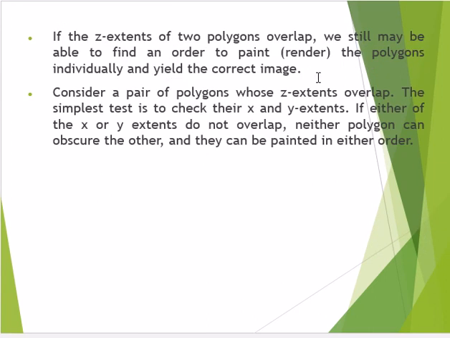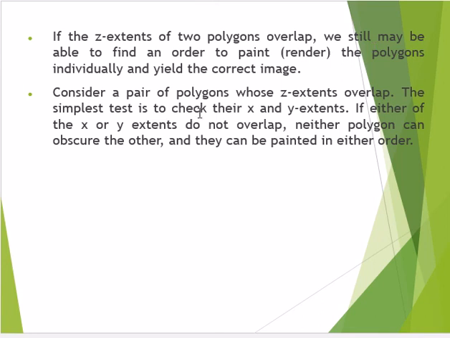If the z extents of two polygons overlap, we still may be able to find an order to paint the polygons individually and yield the correct image. So here basically we find the clipping parts. When they are overlapping, the partial parts of both of the polygons will be displayed.